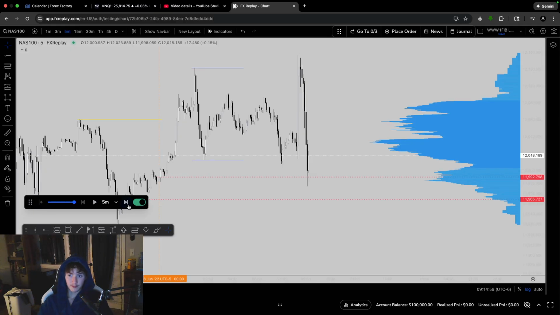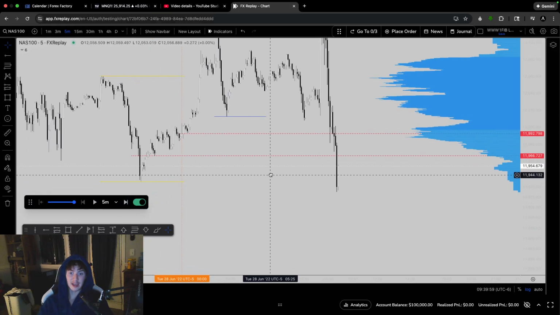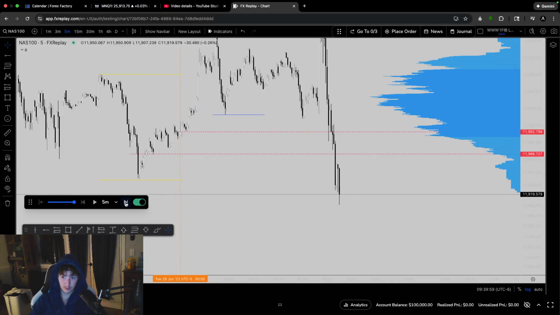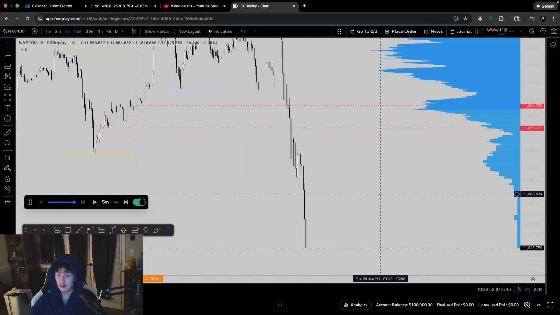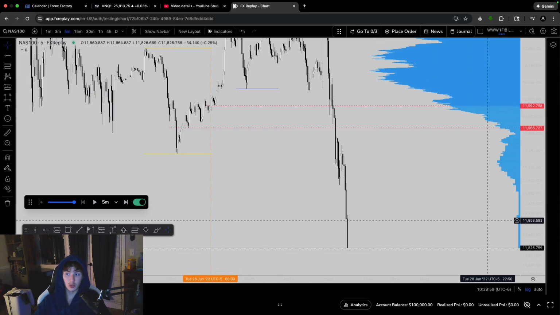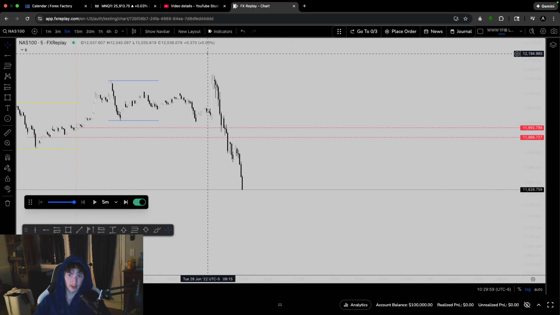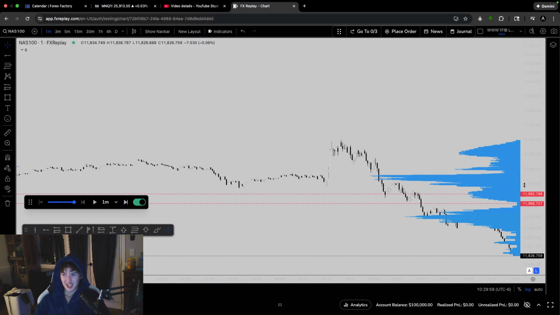A little bit of a push up, but then we came down and swept the Asia low. We're still dumping. That right there tells me it's a no trade day, unless you caught the Asia and the London reversal.